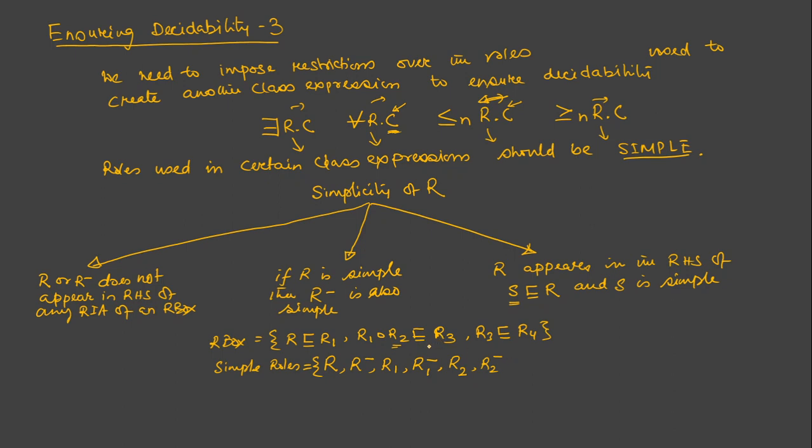R3 appears in the right hand side of a role, and the left hand side is not of the form S to R. So that's why R3 will not be a simple role. As R3 is not a simple role, R4, which is appearing in the right hand side of this form, will also not be a simple role. So the set of simple roles for this R box would be R, R inverse, R1, R1 inverse, R2, R2 inverse, right?